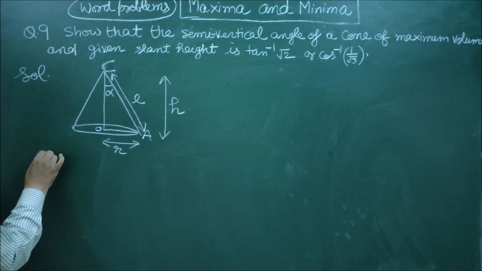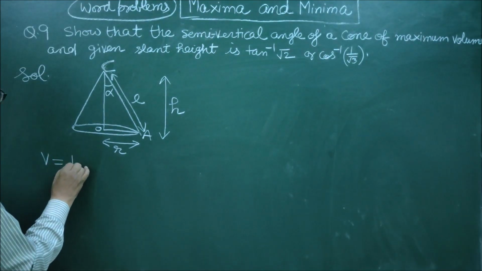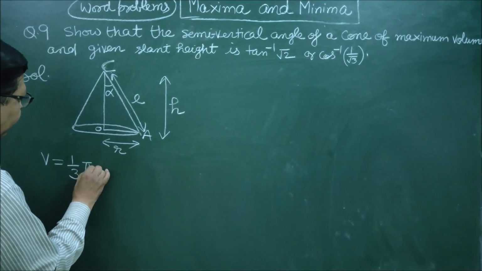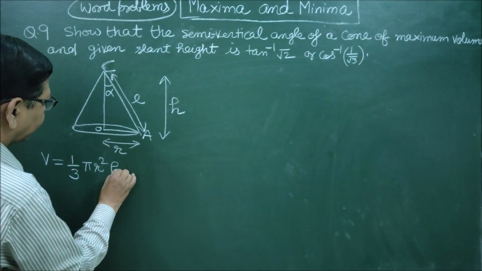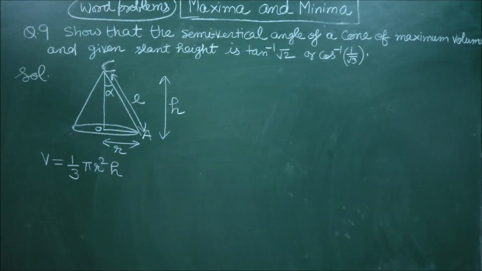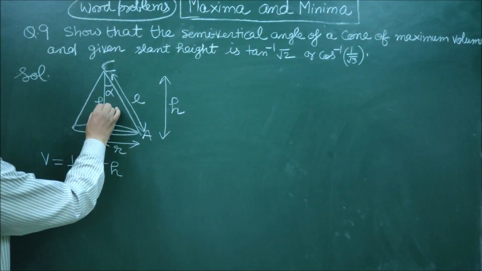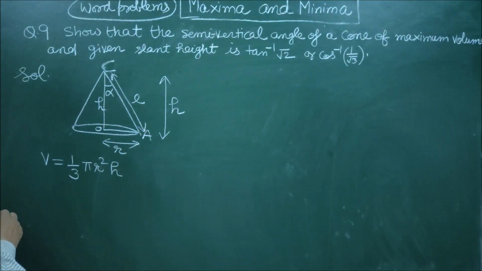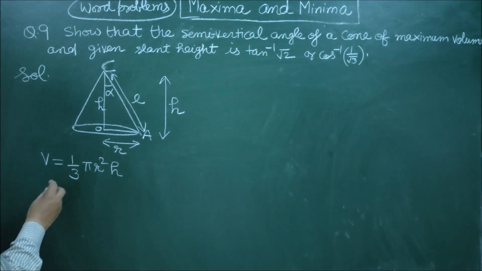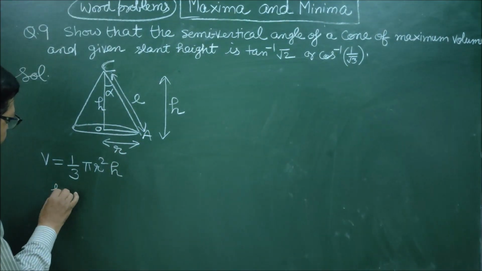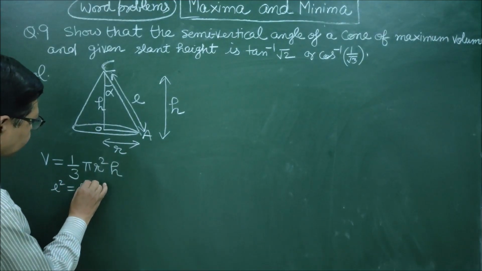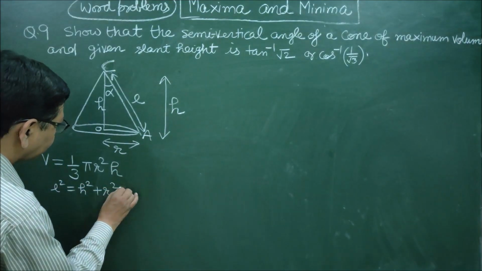Volume of the cone, we know, is 1 upon 3 pi R square H, and you know the relation between L, H and R: L square is equal to H square plus R square.